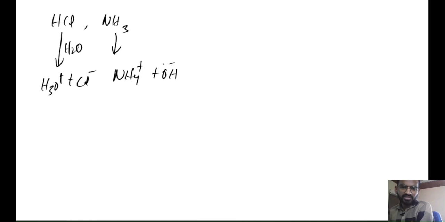Why are these not applicable? If I add HCl into water, it will form H3O+ and Cl-. Ammonia will form NH4+ and OH-. Ions are going to form, so this law is not going to apply.